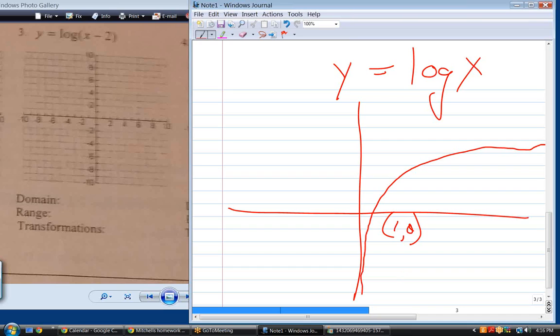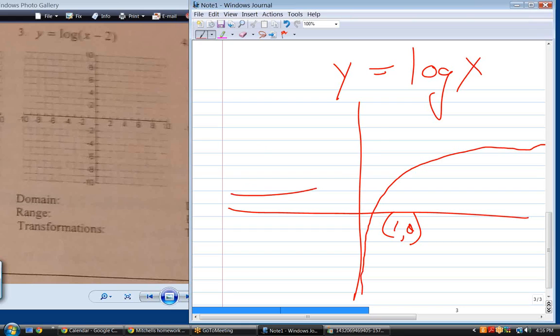But this thing is the inverse of 10 to the x. In other words, if I wanted, well, let's not go there for the moment. But all of these log functions go through this key point, (1, 0), just like all of the exponential functions went through the point (0, 1). The log function is the inverse of an exponential function.